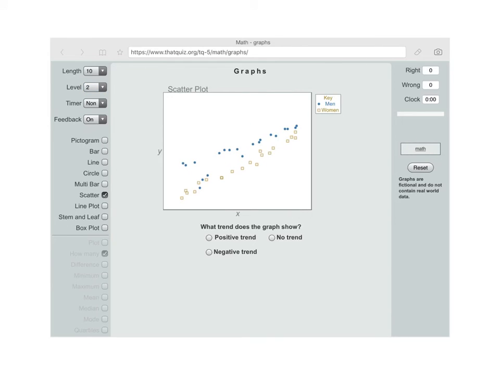Your questions will vary, but what you're going to do is just look to see what the trend is. So what trend, I'll do a few with you. What trend does this graph show? So the key says these are the men. So see how there's men and women. Looks like both are increasing. So I would say positive trend. Now these are all scattered around. Scatter plot. These are scattered around.